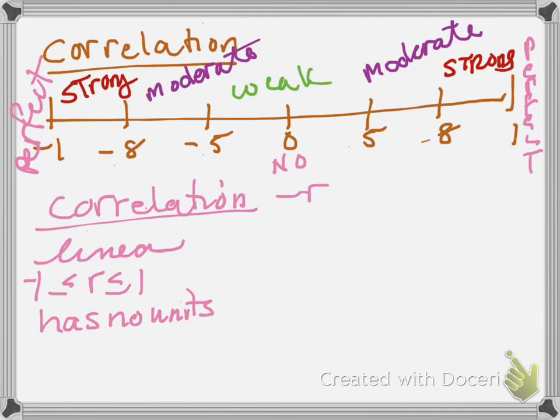If we were to swap the axes, so let's say height becomes weight and weight becomes height, you still get the same correlation. So we get the same correlation if you swap the axes.